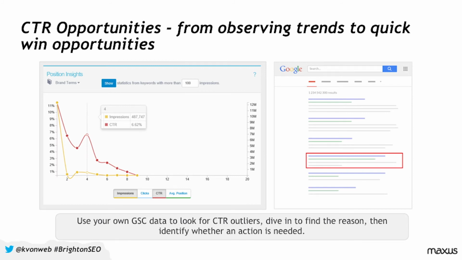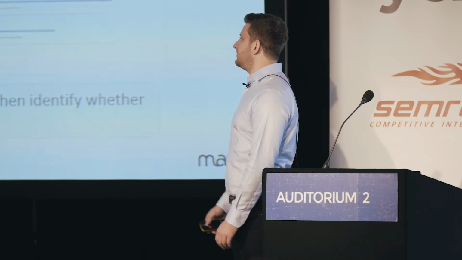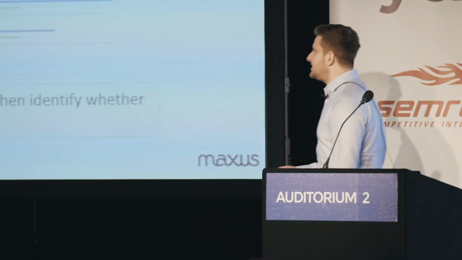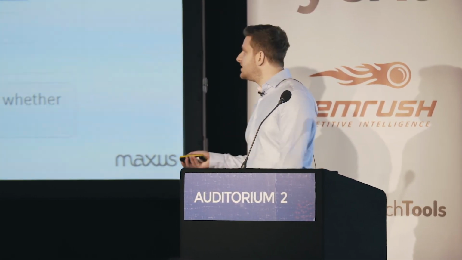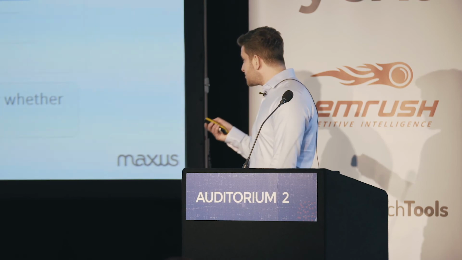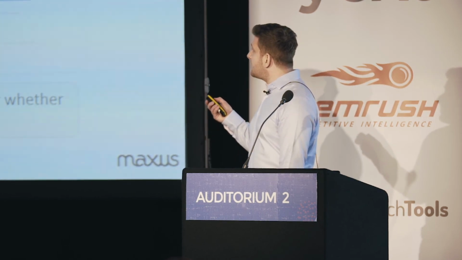So you see with red here, our client's listings get a higher click rate in position 4 than they get in position 3, which is odd. So when we investigated the reason, we realized that for one of the main brand product terms, they were ranking in position 4, being outranked by a lot of retailers.